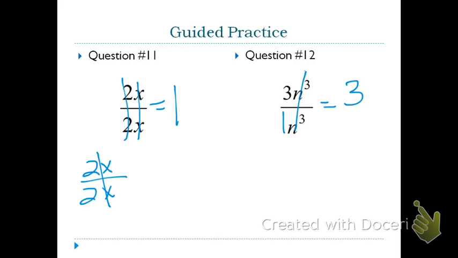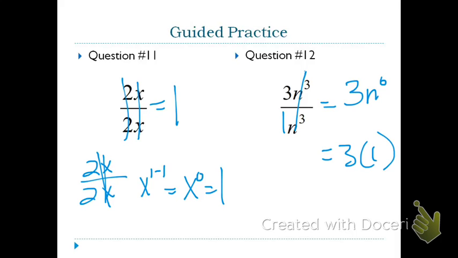The x's do cancel out because that would be like x to the 1st minus x to the 1 equals x to the 0. What's x to the 0 equal to? 1. Alright, so that's why we're getting that 1. This one right here would be 3 over 1 is 3 times n to the 0, because 3 minus 3 is 0, which equals 3 times 1, which equals 3. Okay.